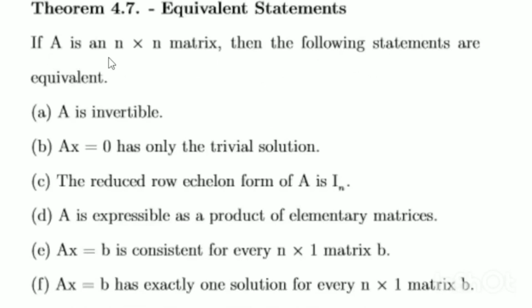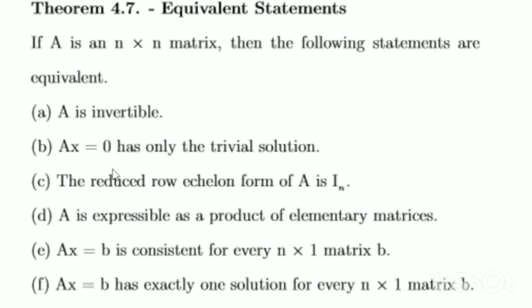If A is an n by n matrix, then we have some equivalent statements. If A is invertible, then Ax equal to 0 has only the trivial solution: x equal to 0, y equal to 0, z equal to 0.